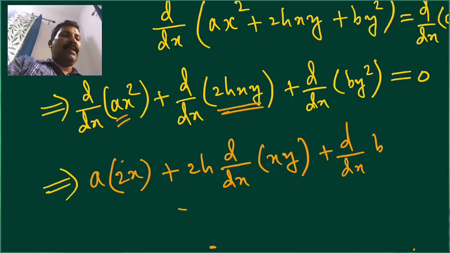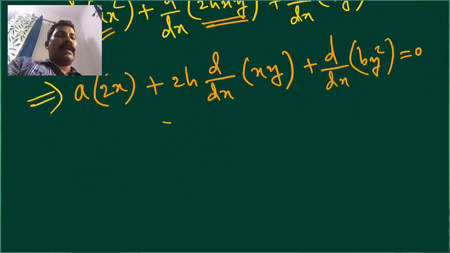Then d by dx of by square is equal to 0. There we can write b outside.